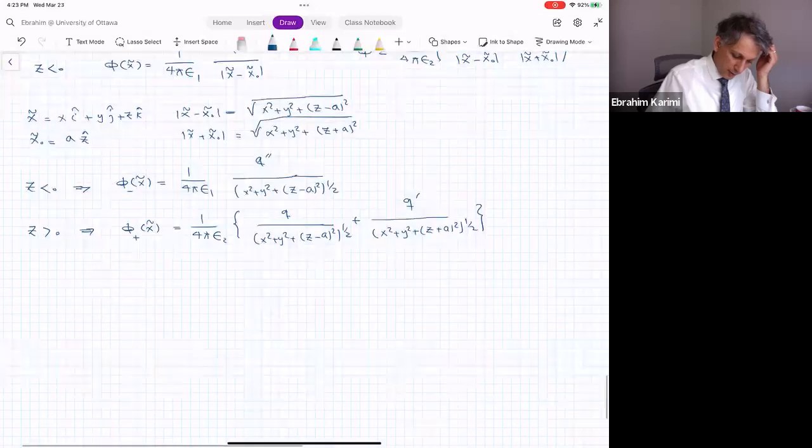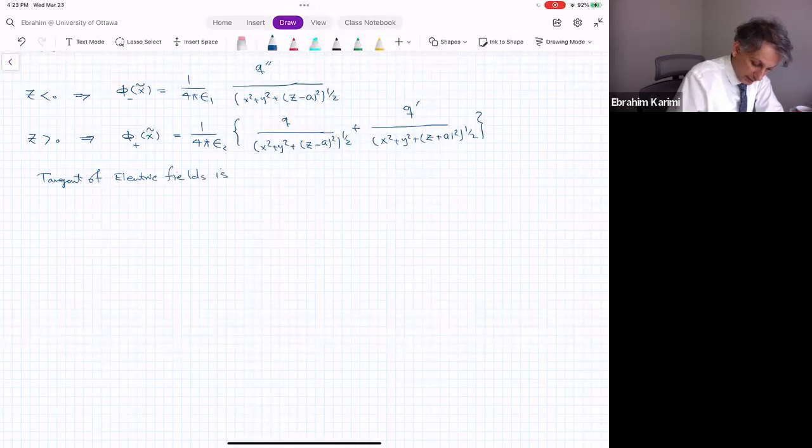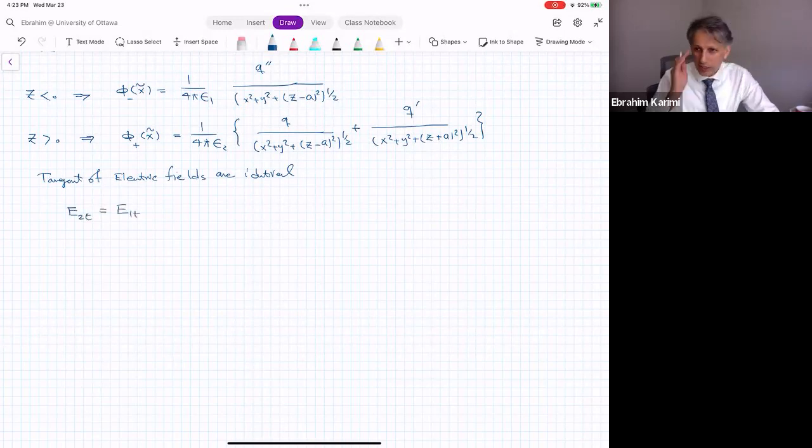The first boundary condition will tell us that the tangent components of the electric fields are identical, which means that E2t is equal to E1t. How do we find the tangent?